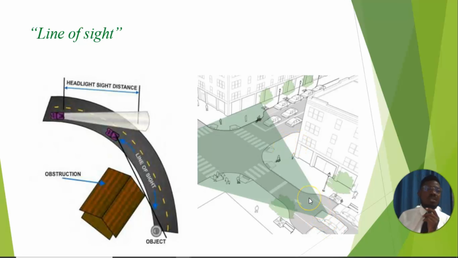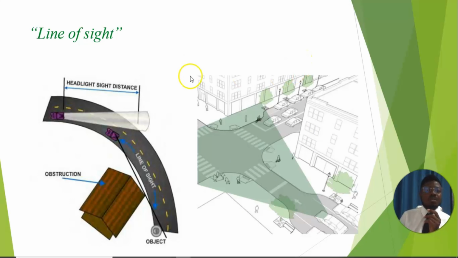So when we're looking into the sight distance, we also have to look into what are the possible obstructions on the road that can help to avoid it. But some of these things are in place, so it is left for the driver to be conscious of the obstruction, and also his line of sight while driving. So we have different types of line of sight.